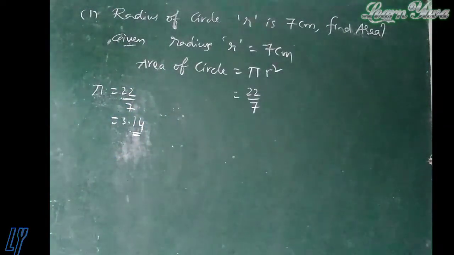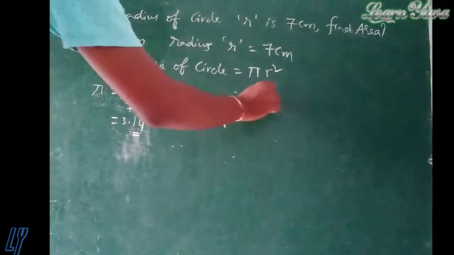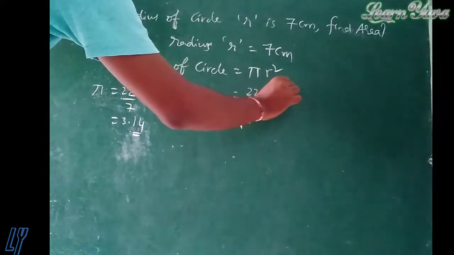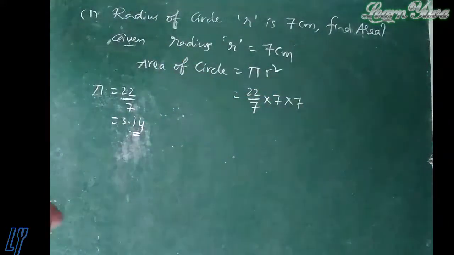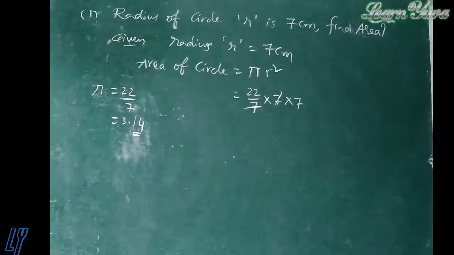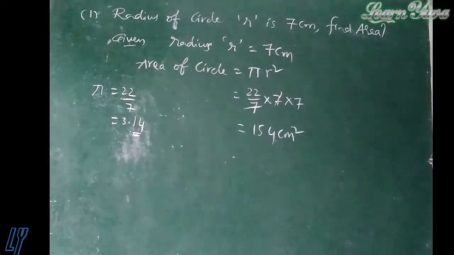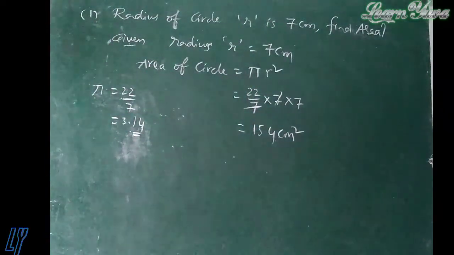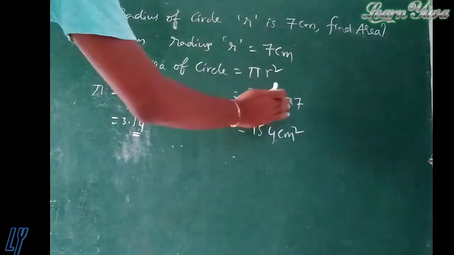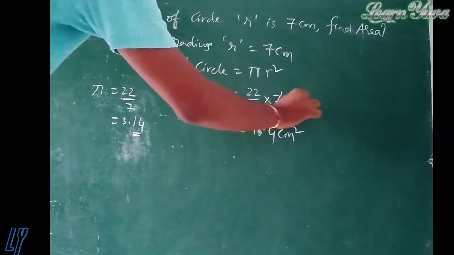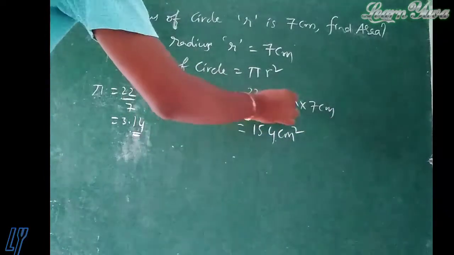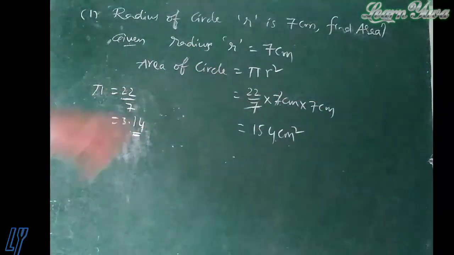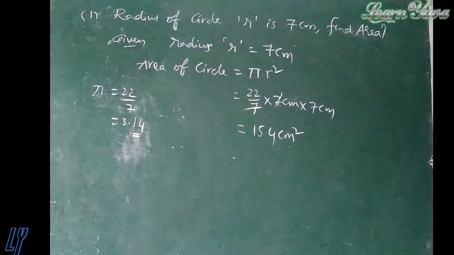Depending upon the situation we can use 3.14 or 22/7. Into radius 7 square, means 7 into 7. 7 gets cancelled. Then 22 into 7 is 154 centimeter square, because here it is centimeter into centimeter.